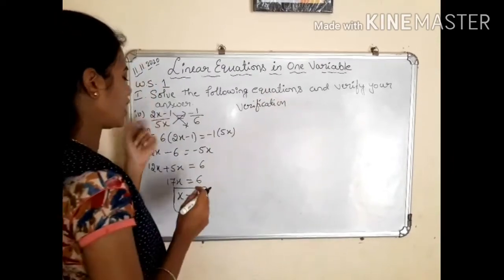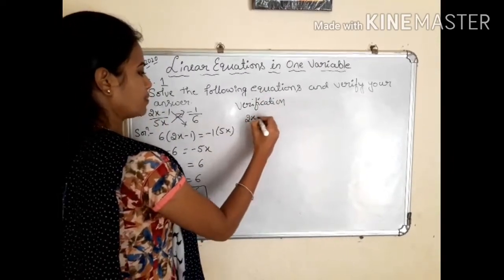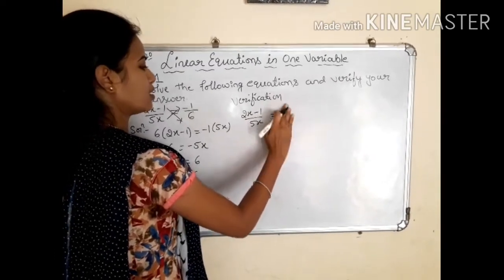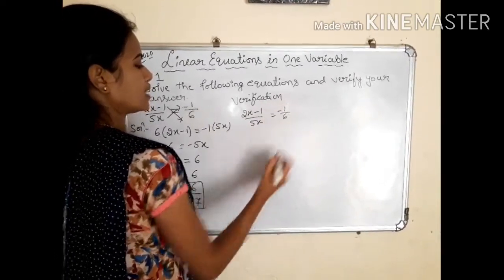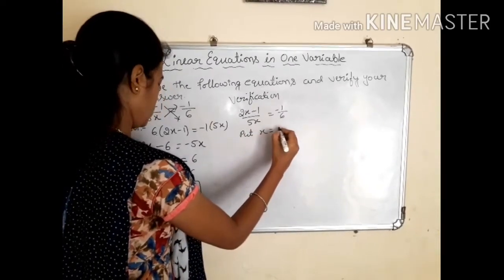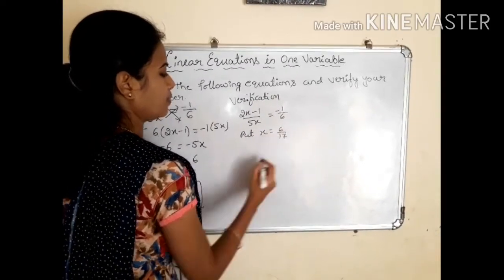In verification, write down the question as it is. 2x minus 1 divided by 5x equal to minus 1 by 6. Put x value 6 by 17.